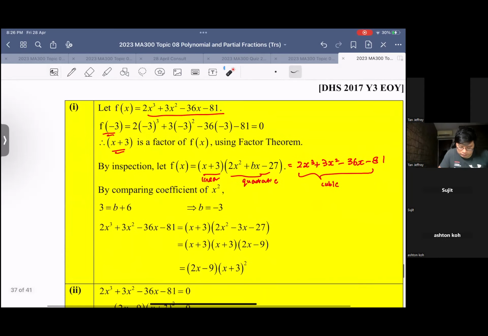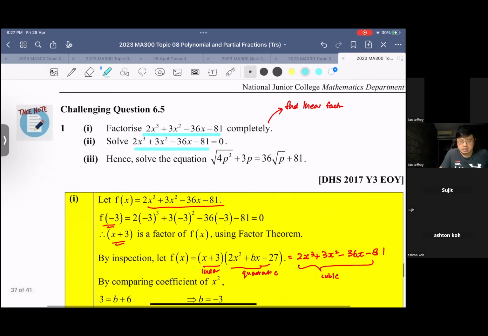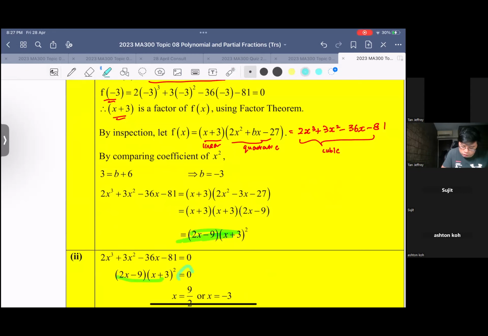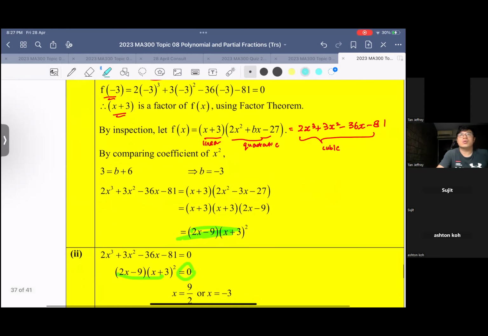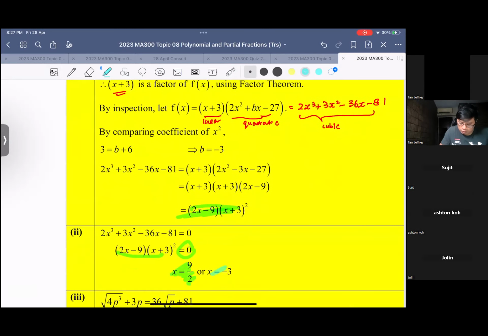Then after that, we need to solve this equation. This equation and the earlier one are actually no big deal, the same, because to factorize and solve is easy. Earlier on, we factorized this to look like that. So now we are just equating it to 0 since we are solving. Now by the zero product rule, if we equate to 0, then either x equals 9/2 or x equals negative 3.